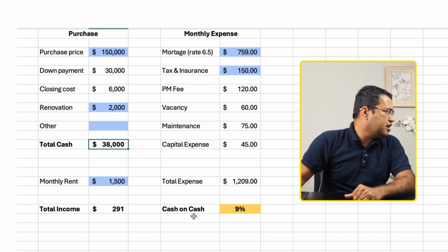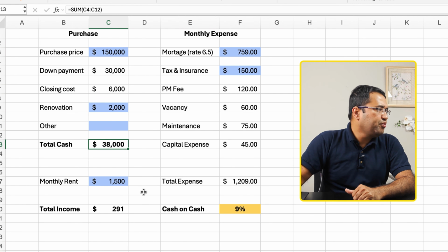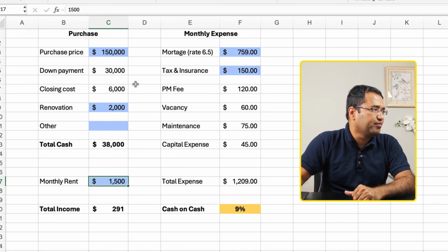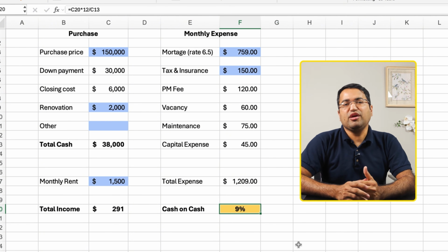I will explain this spreadsheet later in the video, but what you find out is that if you put monthly rent $1,500 for this $150,000 property, after all the expenses, the cash on cash return is 9%. So what do I mean by that?